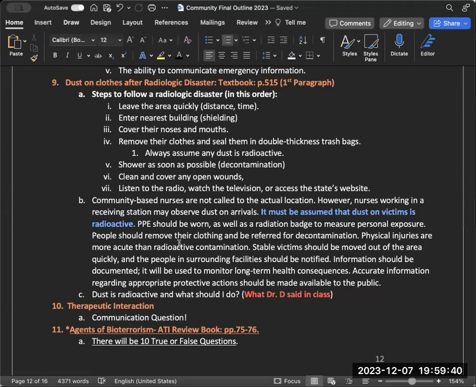But what if someone comes in, let's just say, before we even go to move them, and we did all that stuff in the beginning? What should we do after? If someone comes in and we see that they might have had radioactive dust on them, what should we do for ourselves after everything?